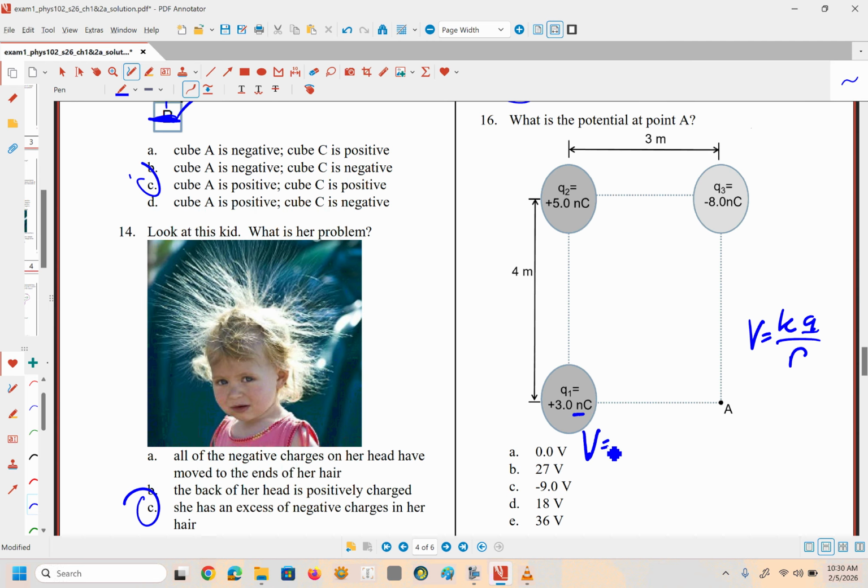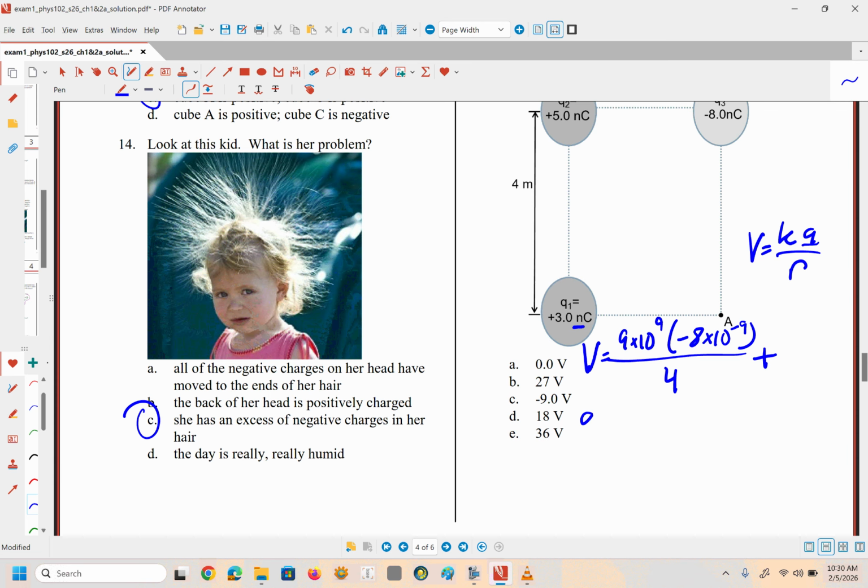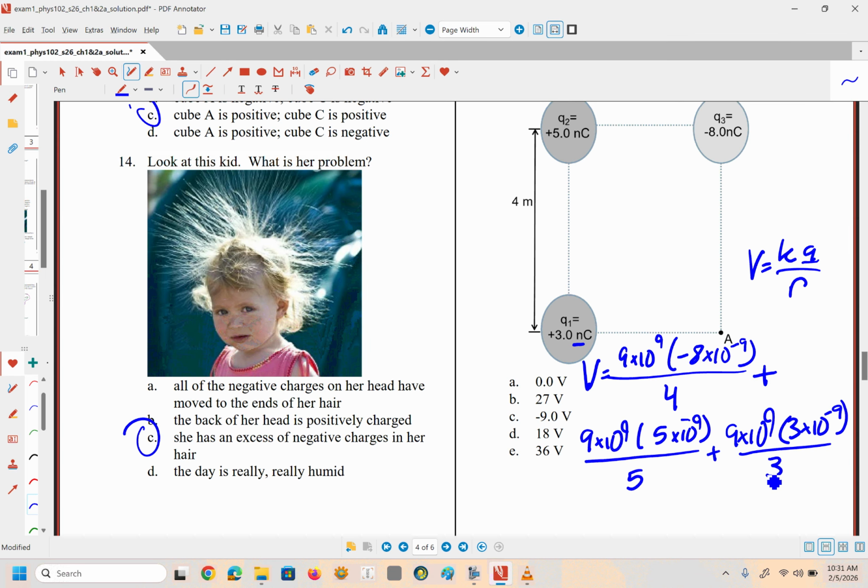So V is equal to 9 times 10 to the 9th times negative 8 times 10 to the minus 9 divided by the distance, which is 4, plus 9 times 10 to the 9th times 5 times 10 to the minus 9 divided by 5, plus 3 times 10 to the minus 9 divided by, what was that distance? 3 meters.